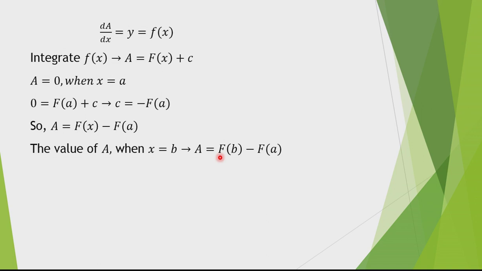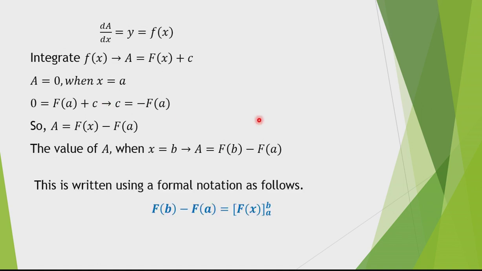Done. This means whenever you want to find out the area under a curve with the support of integration, what you have to do is integrate the given function, substitute the upper limit into the result of integration, substitute the lower limit into the result of integration, and get the difference of them. When you apply this result, we don't use the constant c anymore. There will be no arbitrary constants anymore, right?